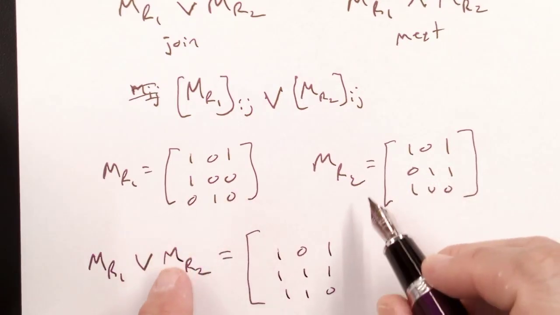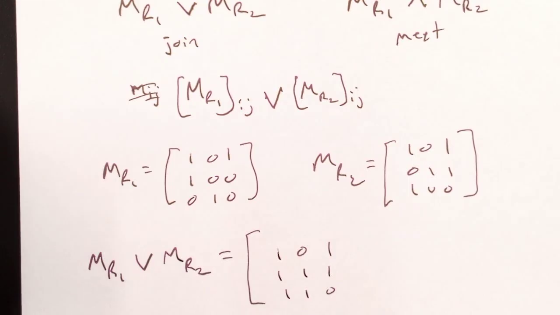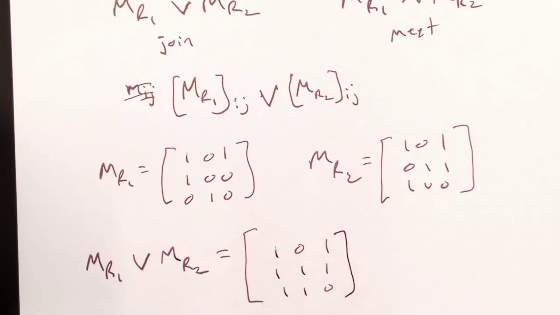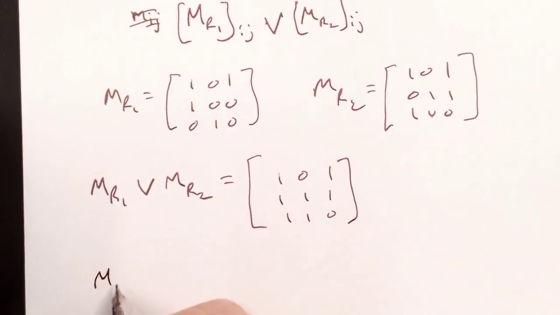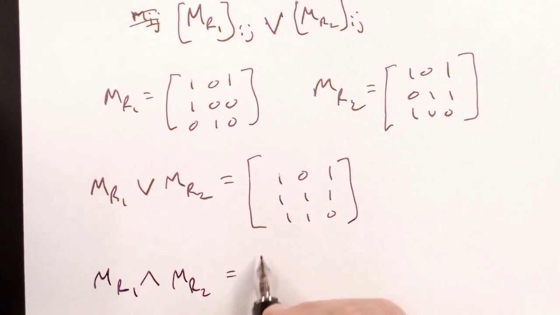I'm just doing the or all the way across each row and each column. Now do an and across each row and column. What do you get? I should have a lot fewer ones this time. Exactly.